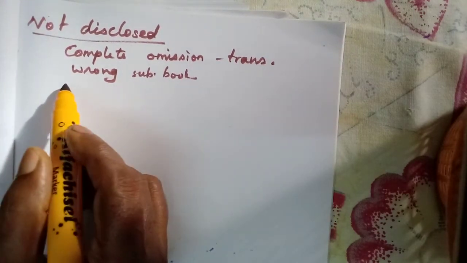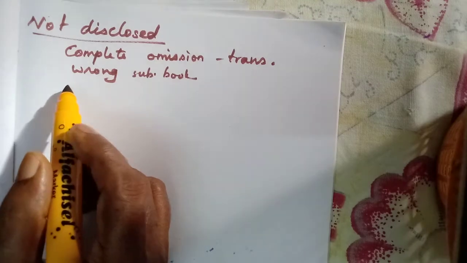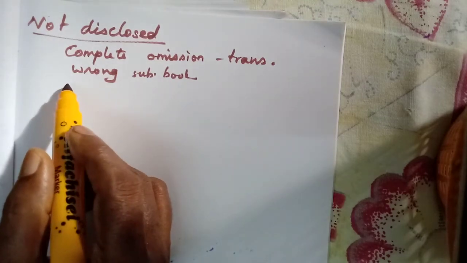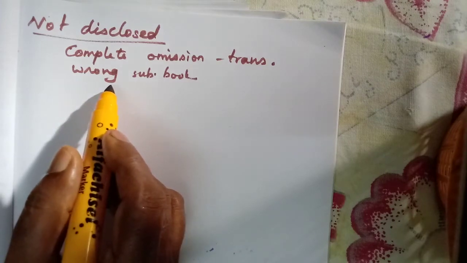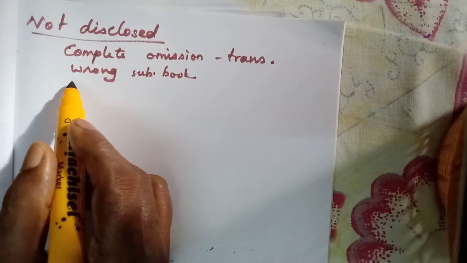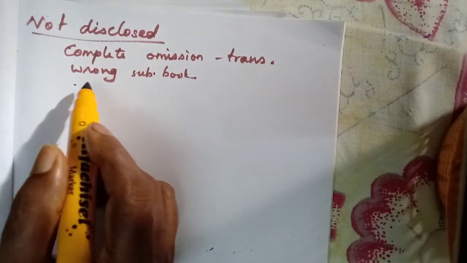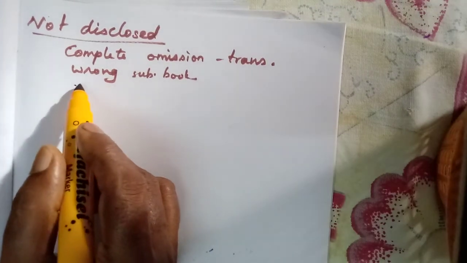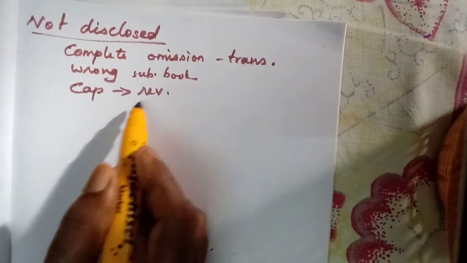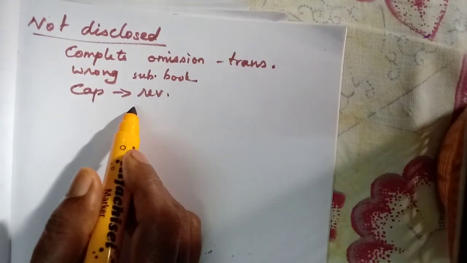Then the error of principle, that means we have learned the capital nature, capital expenditure will be shown as revenue expenditure. Okay, so that one also cannot be disclosed. Capital expenditure into revenue expenditure, we cannot find out.